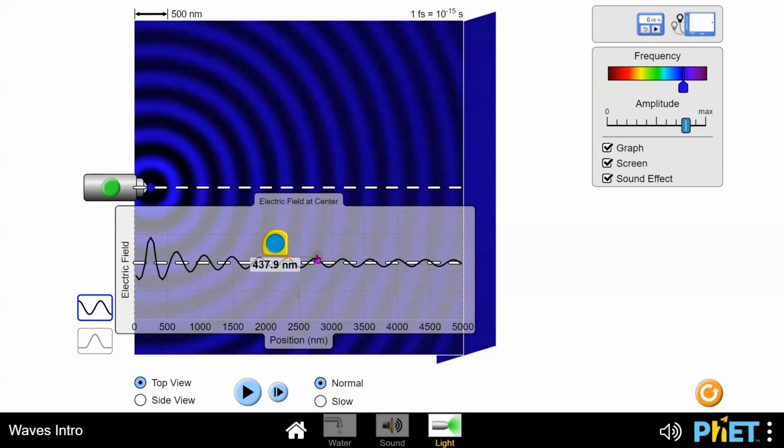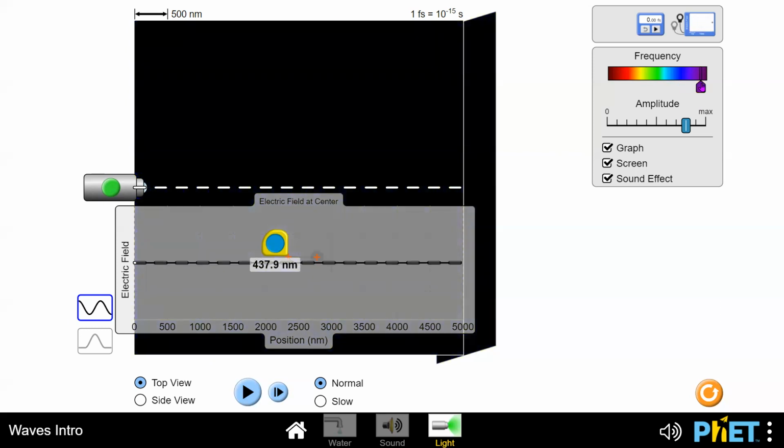Again, it decreases, which is 437.9 nanometer, right? 600, 500, and 400. It's continuously decreasing, right? And finally, move this cursor to the violet and repeat the experiment.